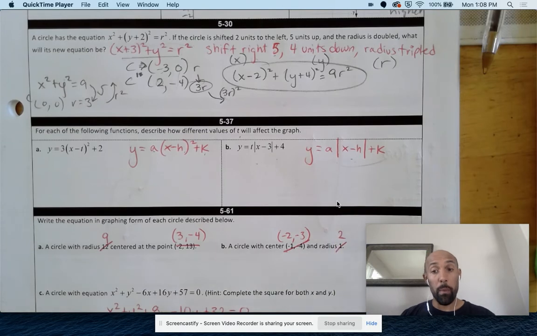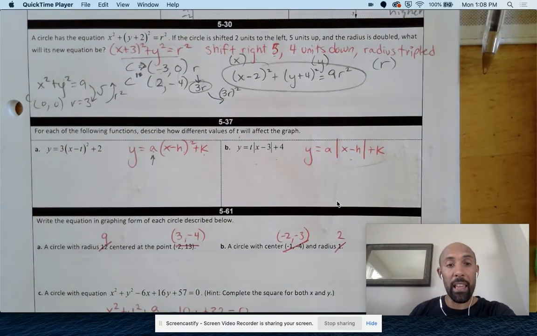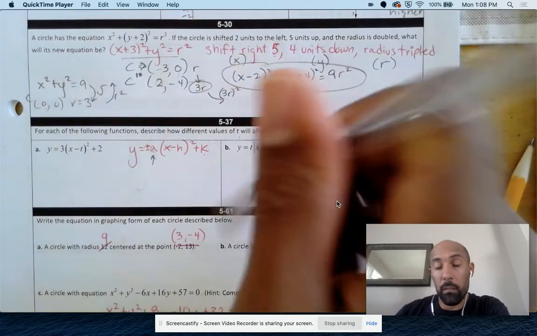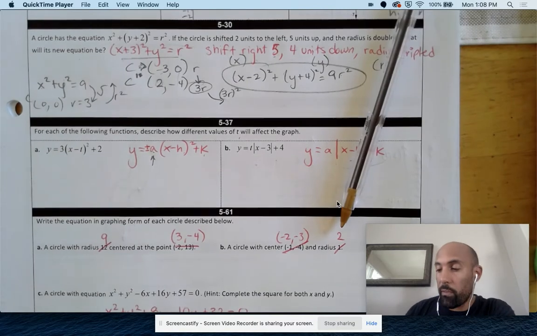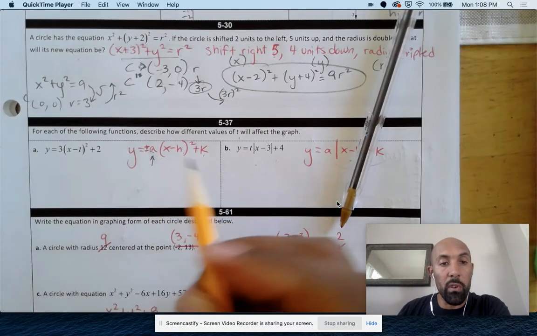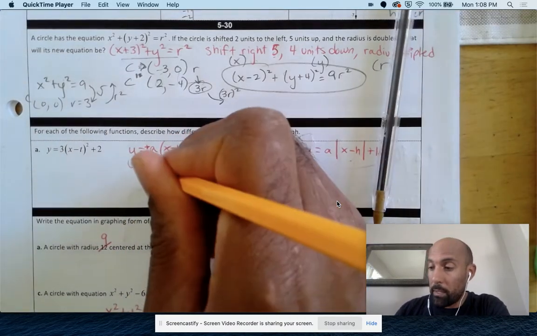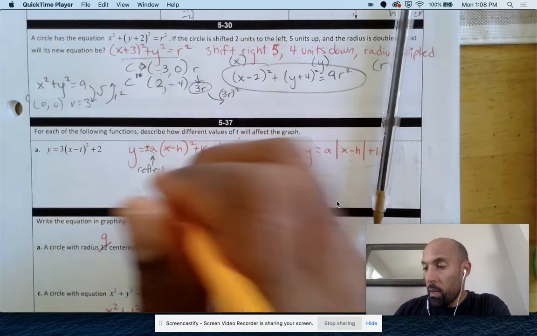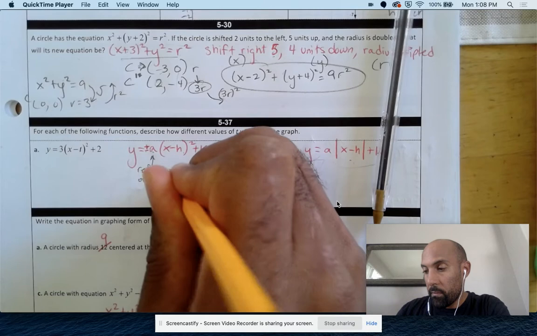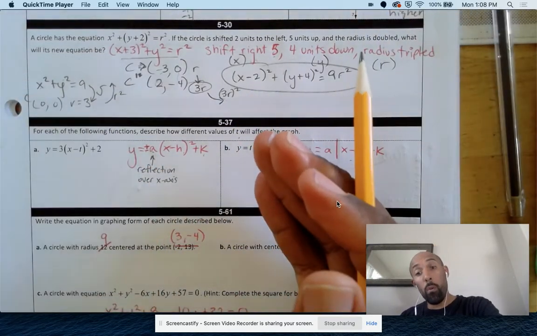Now just to remind you, for the a, we should say plus and minus a, because that's also another type of change. First of all, if this is positive or negative, that causes reflections, or flips, over the x-axis. If I have the x-axis, it's going to flip my graph over that.